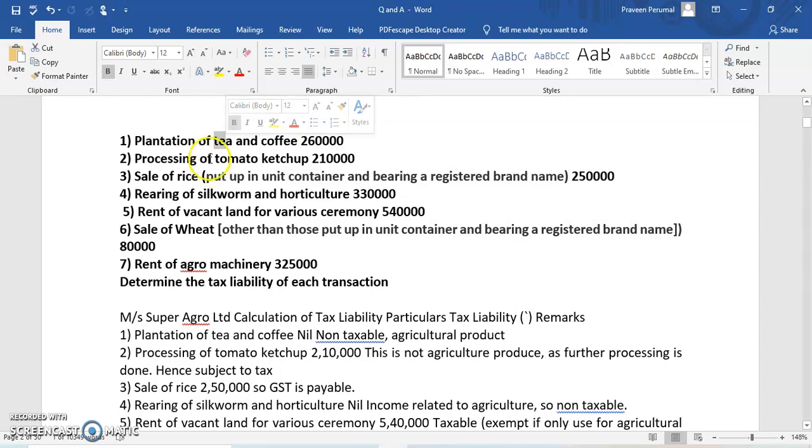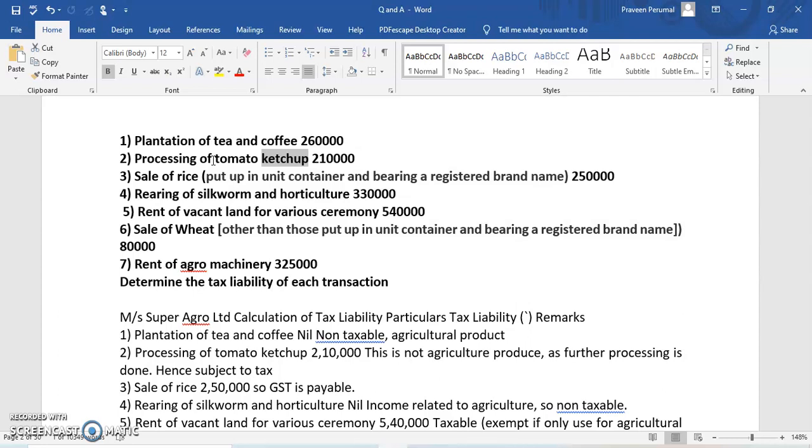Now, processing of tomato ketchup. From tomato, they are making a value addition called tomato ketchup. So, processing of tomato ketchup is taxable because it is not processing of tomato, it is processing of a tomato product. It is further processing. So, it is very much taxable.